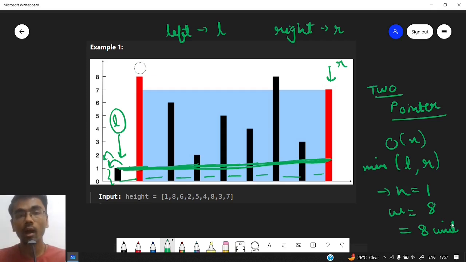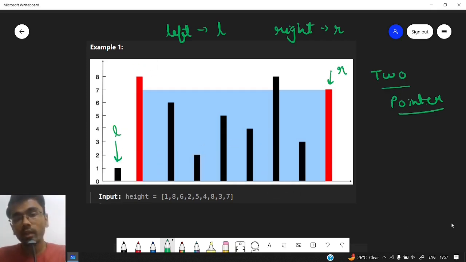Now the question is how we will move the left and right pointer. We can adjust our left and right pointer by just one simple observation. Our right height is 7. Our left height is 1.